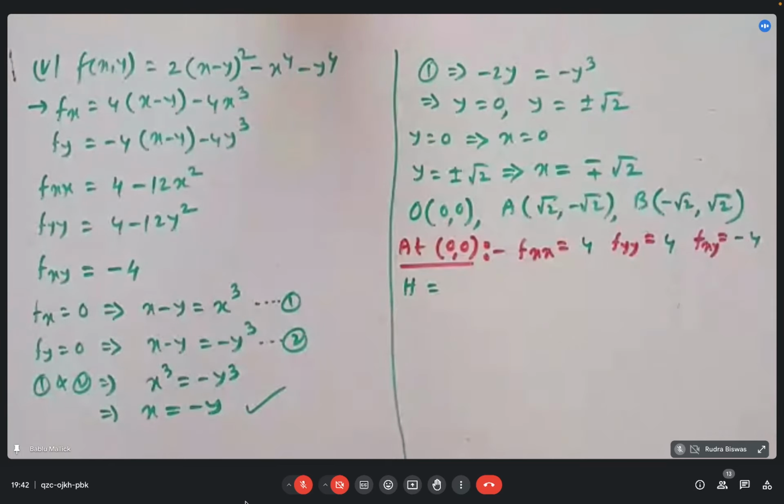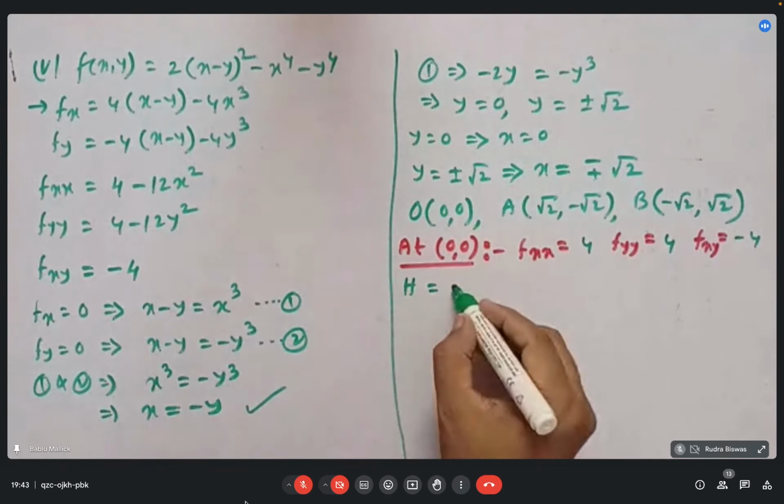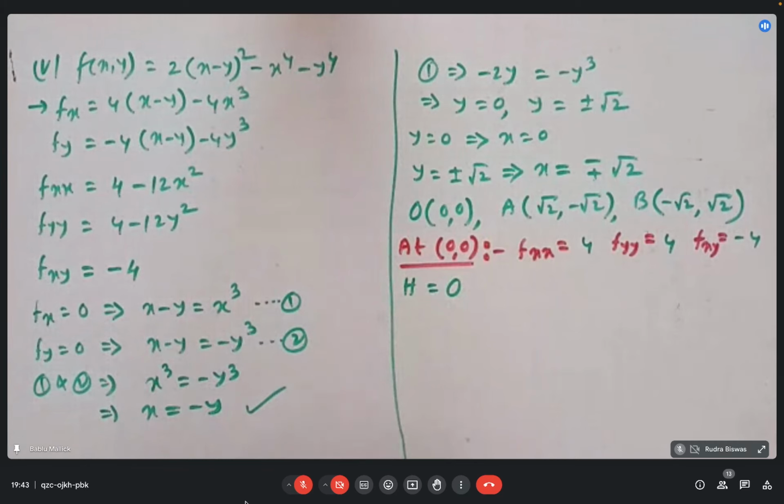It is zero. So h is 0, then what? In the notes it is written we need further consideration. So h is equal to 0, we need further consideration. What does it mean?